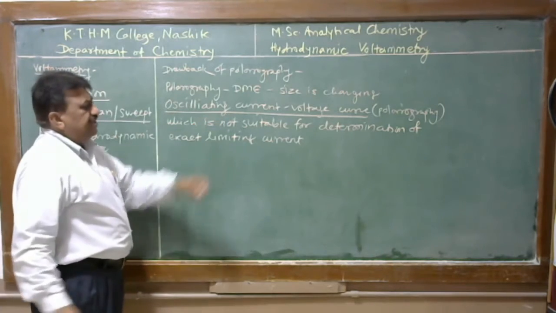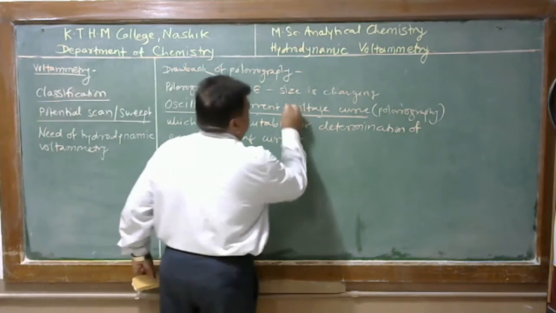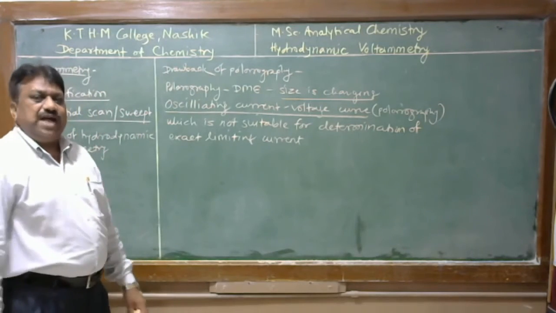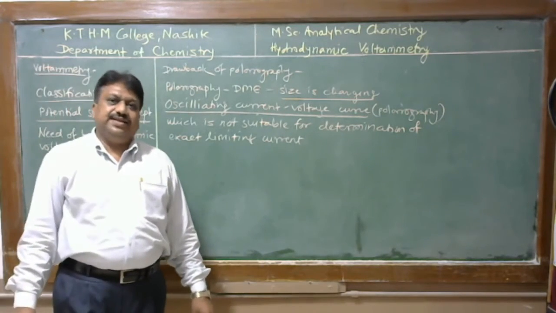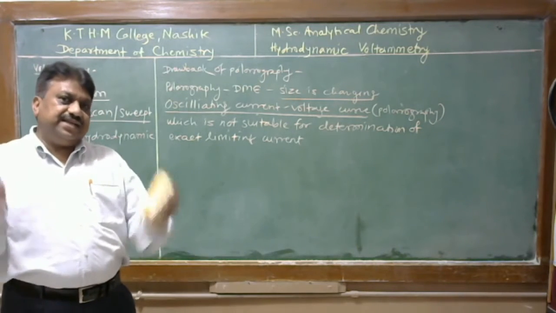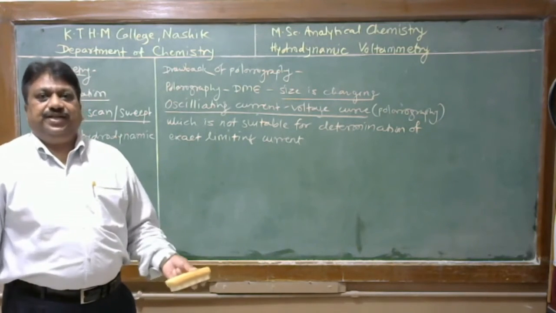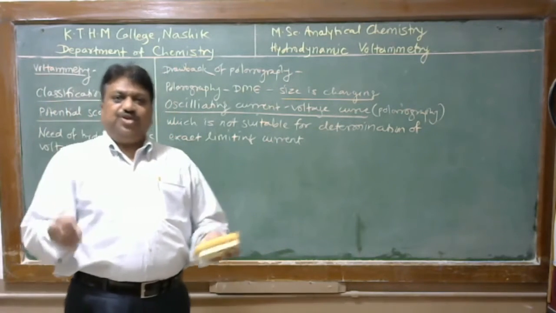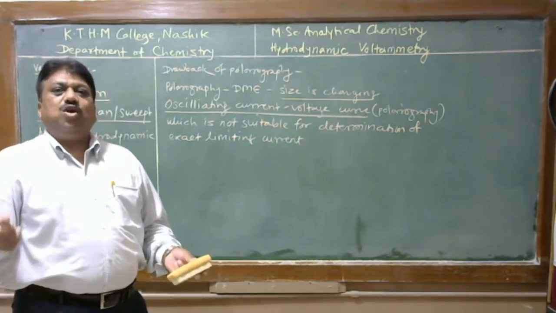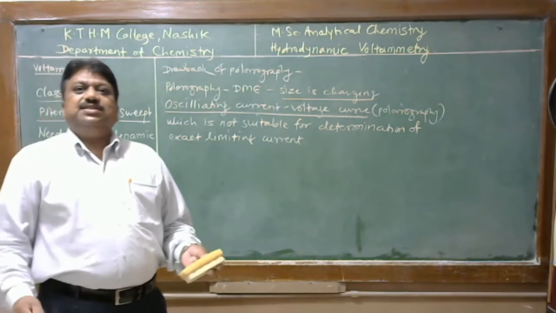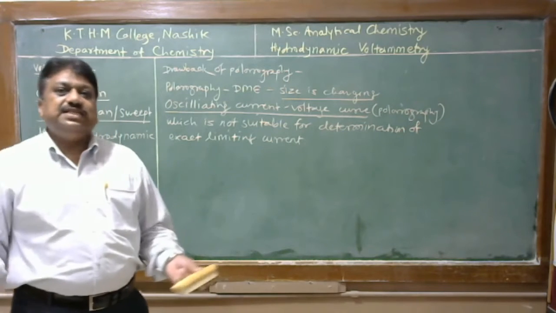This oscillation is because of the change in size of the mercury electrode. As the size of the mercury electrode increases, the rate of reaction increases. As size decreases, the rate of reaction decreases. A mercury drop is formed from the tip of the capillary. As it is generated, its size is increasing.